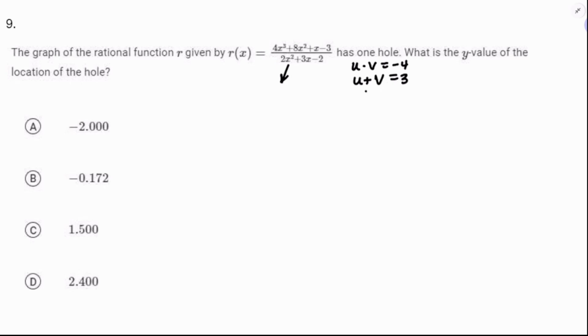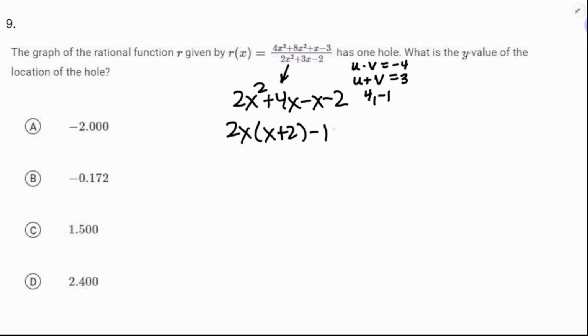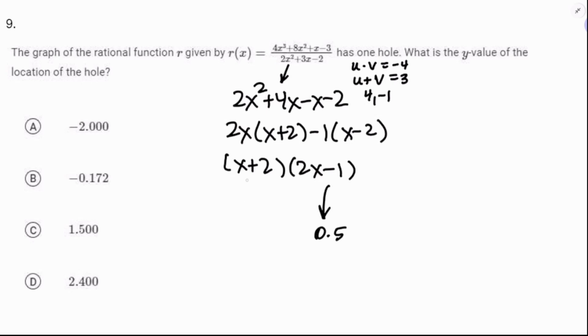Positive 4, -1. Alright, so I'm going to call that 2x squared plus 4x minus x minus 2. Okay, so I'm going to have an x plus 2 times 2x minus 1. Okay, so that would be x equals 1/2, 0.5, and x equals -2.